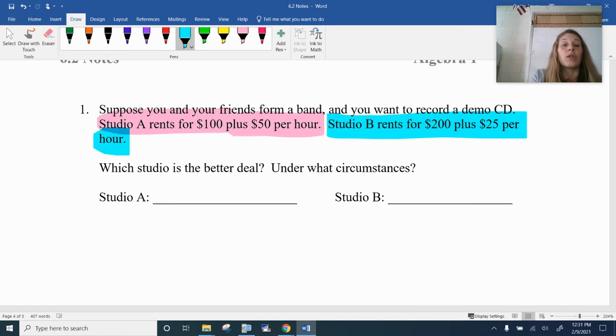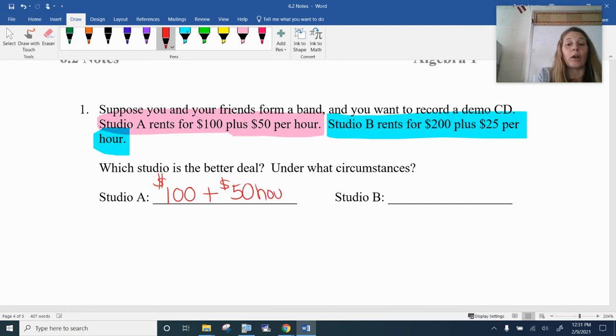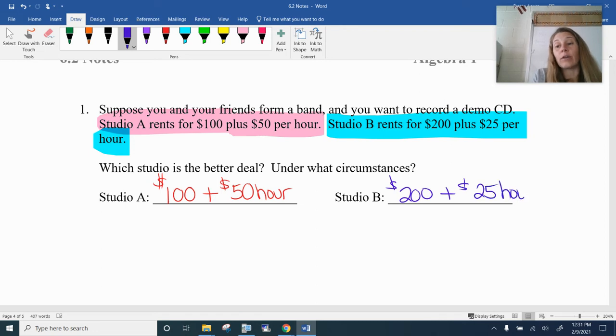Okay. So when this happens, basically say to yourself, okay, Studio A is $100 plus $50 per hour, right? Studio B was $200 up front plus $25 per hour.